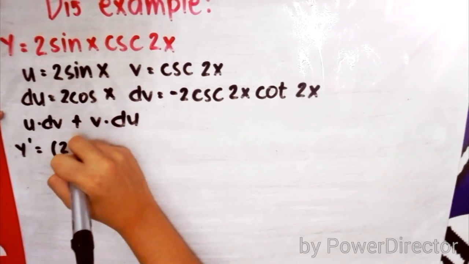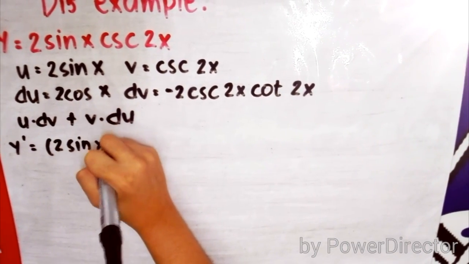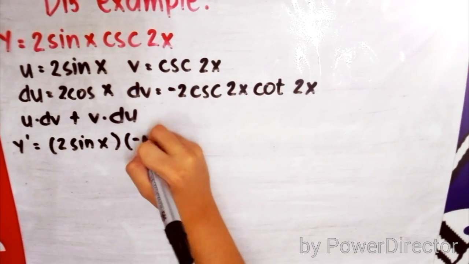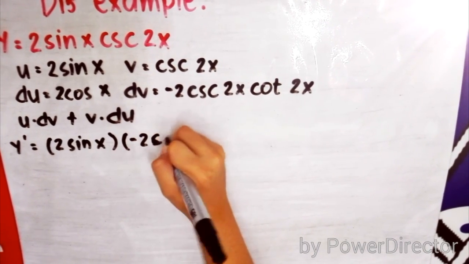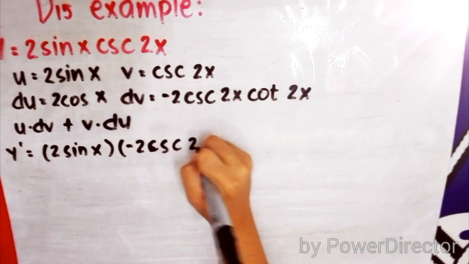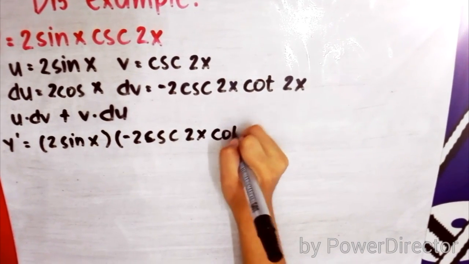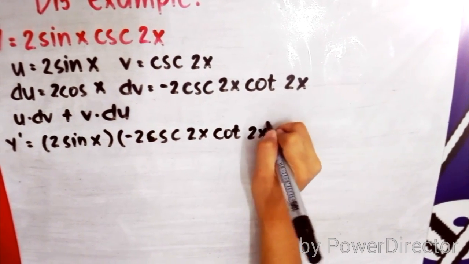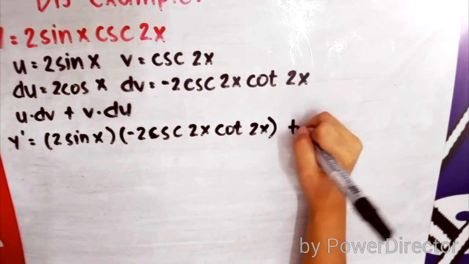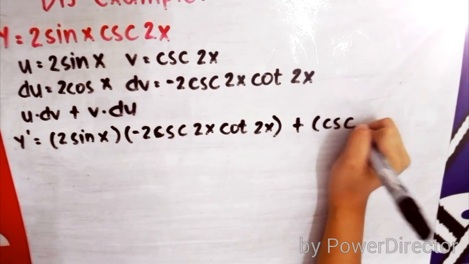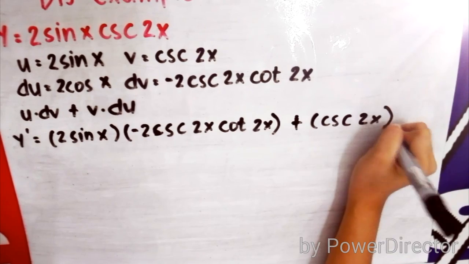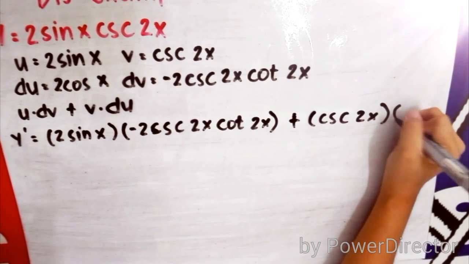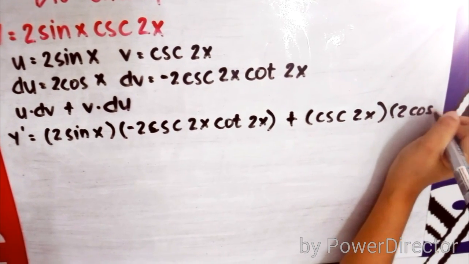We will have 2 sine x multiplied by the derivative of v, which is negative 2 cosecant 2x cotangent 2x, plus v, which is cosecant 2x multiplied by the derivative of u, which is 2 cosine x.